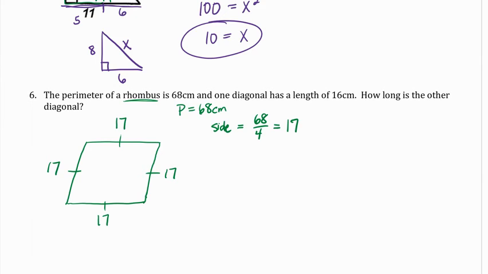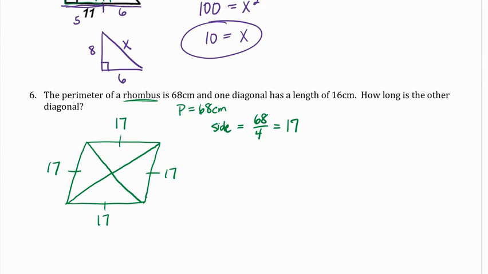And there's one thing we've got. Then it says if we put in one diagonal, it has a length of 16 centimeters. So I can draw in one of my diagonals, and it wants to find out the length of the other diagonal, right? Now in a rhombus, the diagonals are different lengths. They're only the same if it's a rectangle or a square.